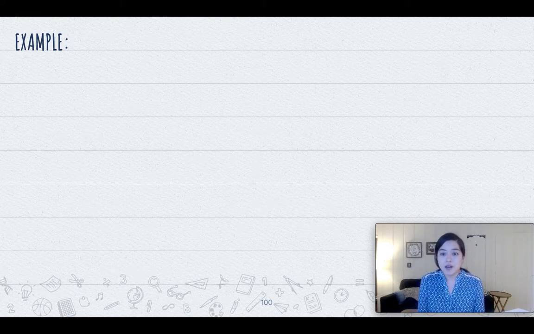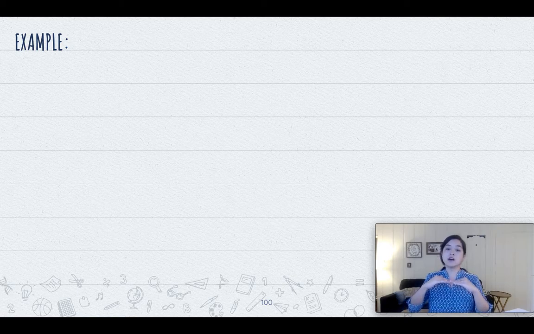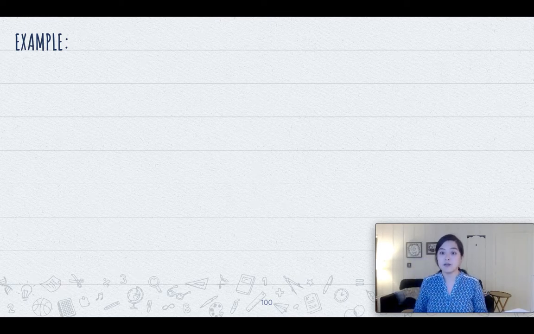So I would recommend just working with equivalent fractions. I think you have a good foundation if you understand the number lines and the bar models. But going forward, we're going to just keep practicing more with equivalent fractions.